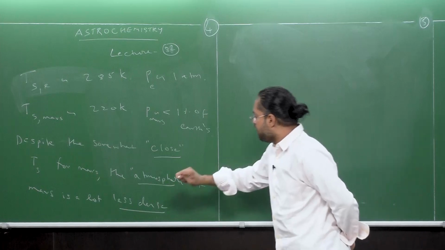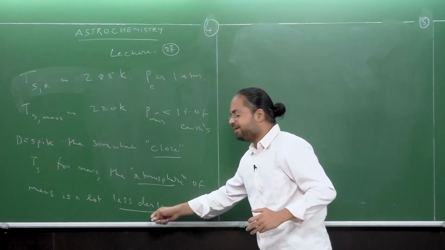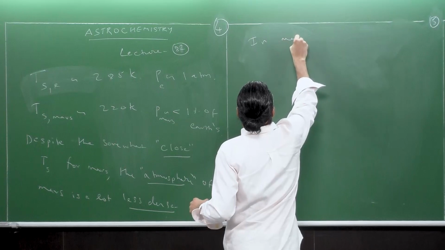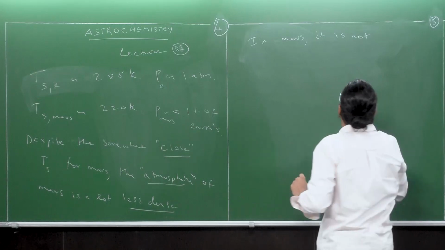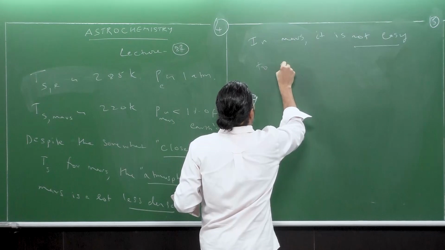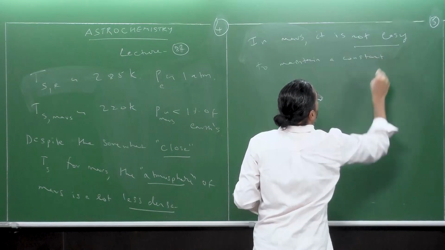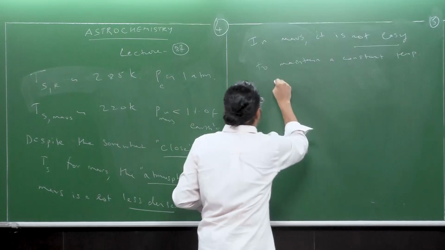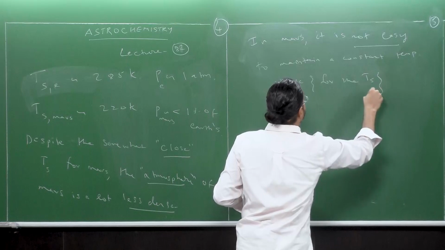Now, because of the significantly more diffuse nature of Mars's atmosphere and its significantly lower density, it is actually not easy on Mars, and this is an understatement, to maintain a constant, or close enough to constant, temperature range for the surface temperature.